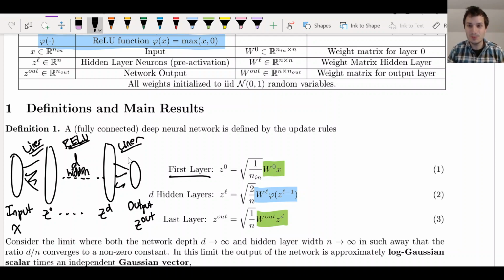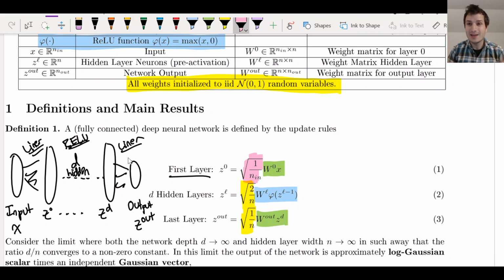The other thing that you should pay attention to, that matters quite a bit in these things, is the scaling. I'm initializing all the weights in my network to be mean 0 and variance 1. But in the definition of my network, I'm dividing by the square root of 2 over n in the hidden layers, and I'm dividing by the square root of 1 over n in the last layer, and I'm dividing by 1 over the square root of the input dimension in the first layer.